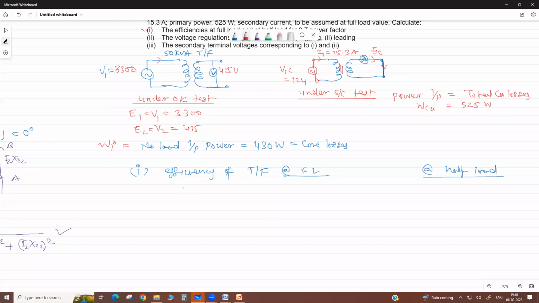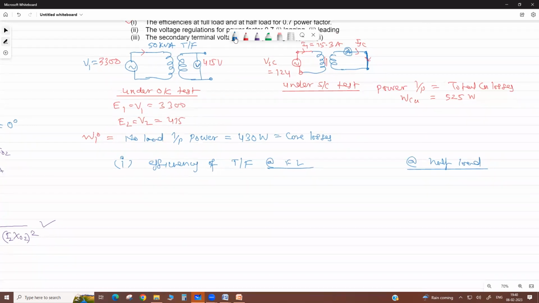So what is your full load? We calculate the full load output and input, then the efficiency. What is the kilowatt output of the transformer at full load?